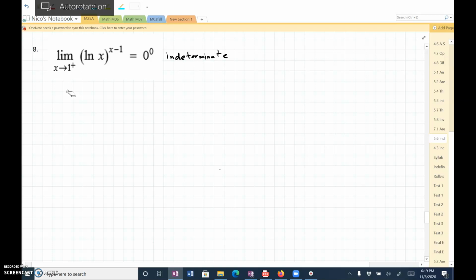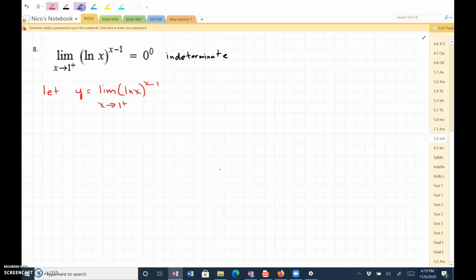So I'm going to let y equal the limit of the natural log of x to the x minus 1 power as x approaches 1 from the right.